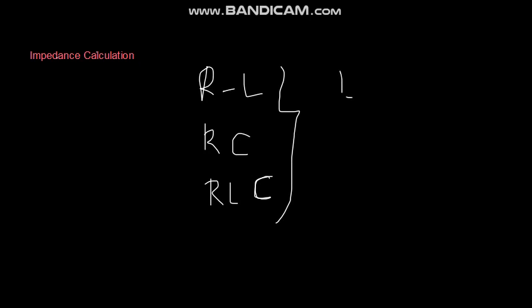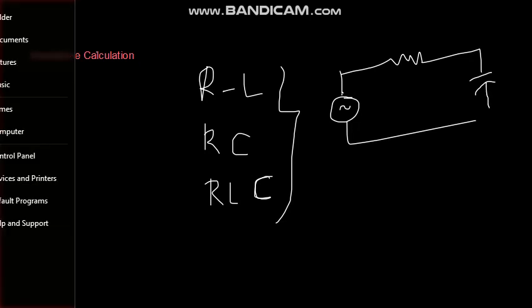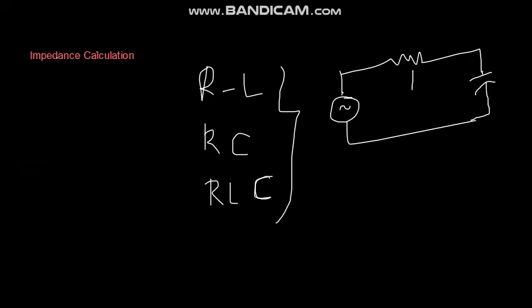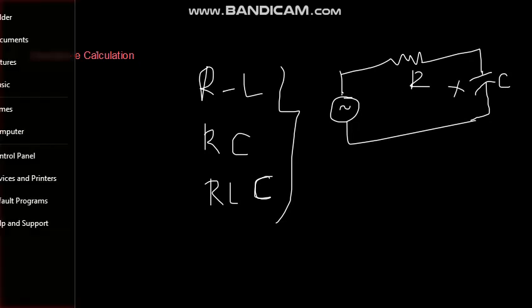So the RC circuit, you can also find out by this R, that is the resistance, that is the capacitance, resistance R, capacitance is C, but the reactance of capacitance is XC.